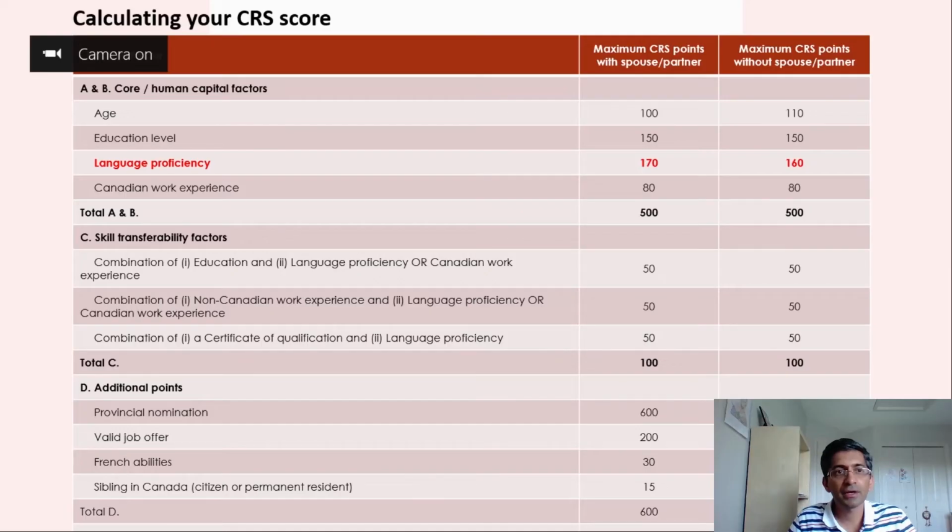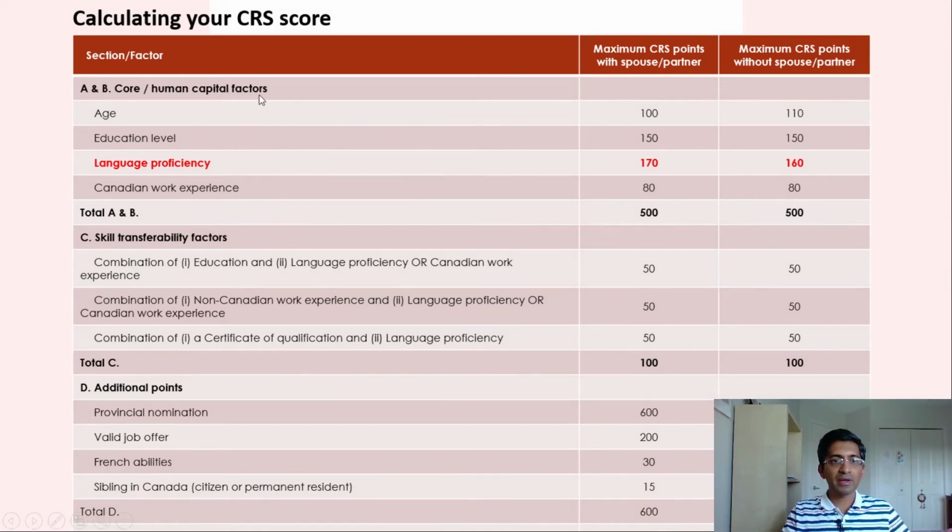Here we see how IRCC is calculating your CRS score. It gives you the various factors that are involved, and then how many points are allocated for each factor. So for example, A and B are core human capital factors. So basically age, education, language proficiency, and Canadian work experience.